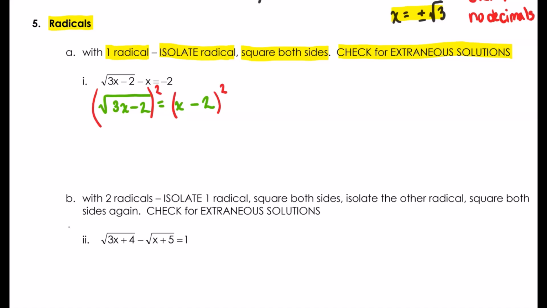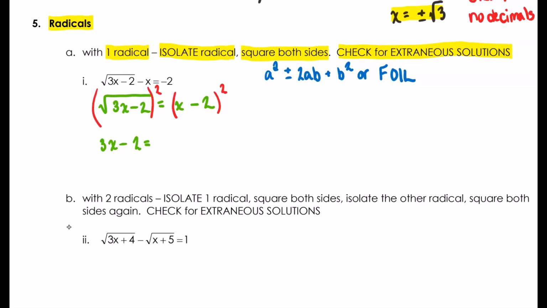So my left-hand side, the square and the square root are going to cancel, and I have 3x minus 2. And then the right-hand side, notice, is one of my special patterns. And recall that the pattern, when we have a binomial, the square of a binomial is a squared plus or minus 2ab plus b squared. And if you can't remember that pattern, you can always use FOIL if you want to write it out and multiply it out that way too.